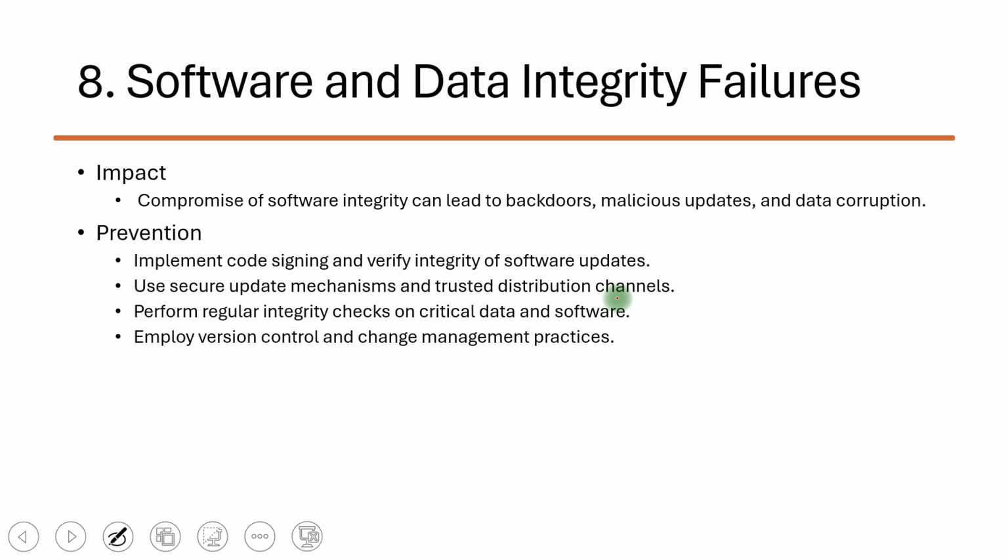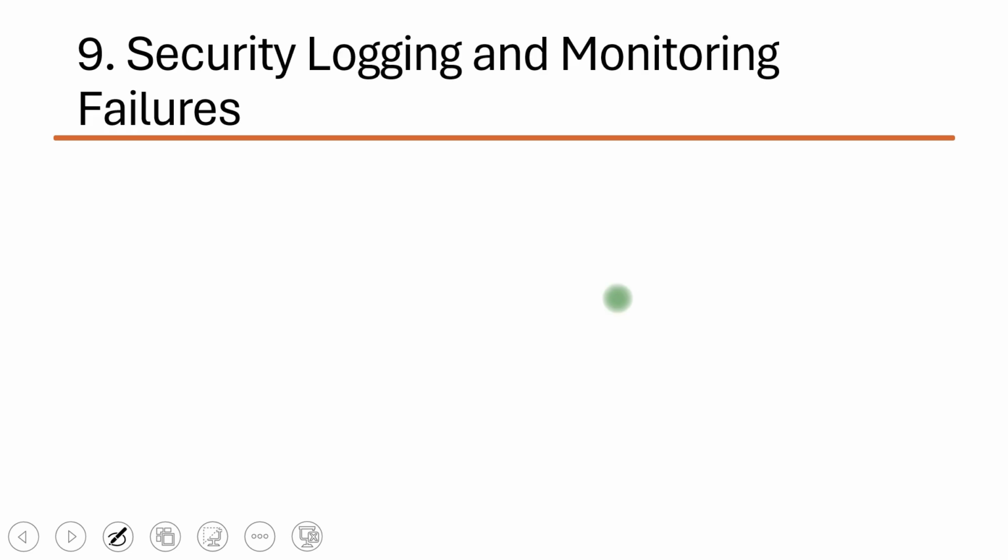So these things talk about integrity and principles. These are the prevention mechanisms listed here: implement code signing, use secure update mechanisms, perform regular integrity checks, and employ version control and change management practices so that we save ourselves from this vulnerability.